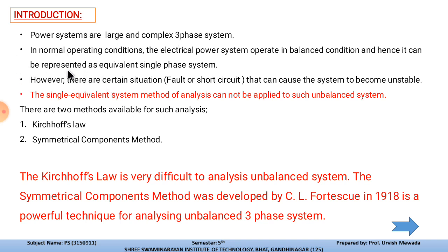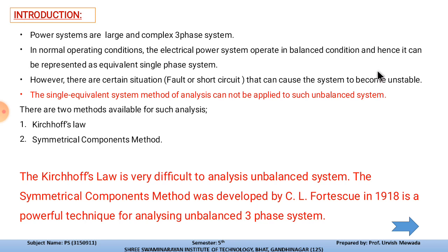However, there are certain situations, whenever a fault or short circuit arises, that can cause the system to become unstable. The system remains in balanced condition whenever it is healthy, but whenever a fault like a short circuit occurs, the system can become unstable, and the single equivalent system method of analysis cannot be applied to such an unbalanced system.